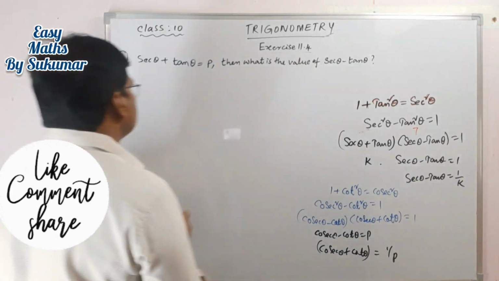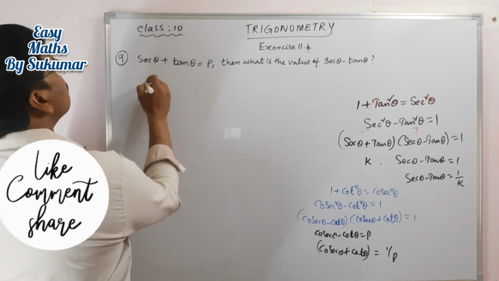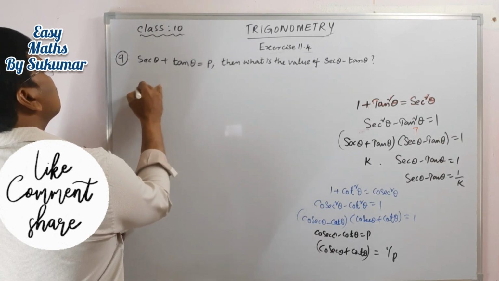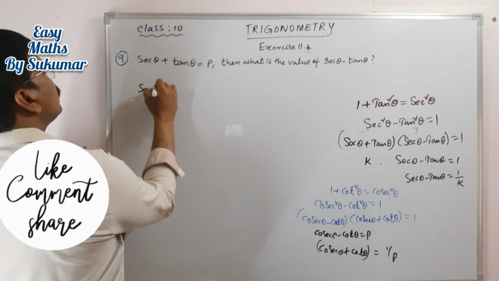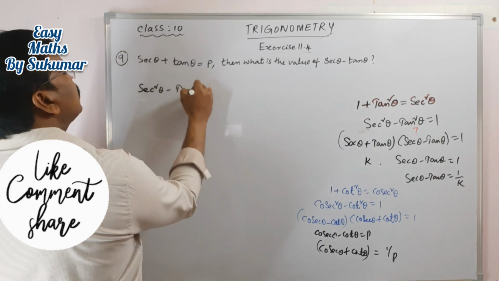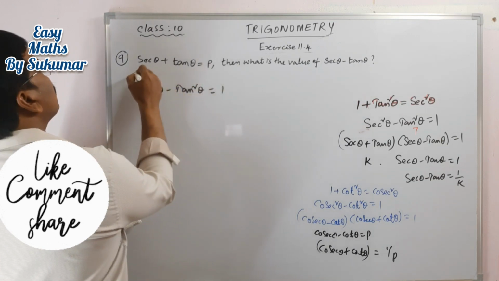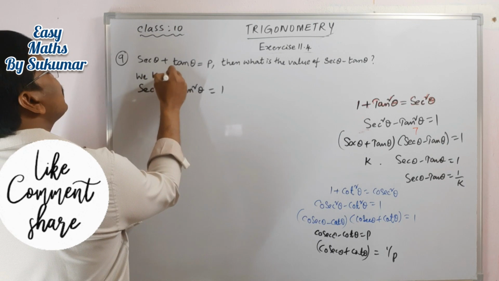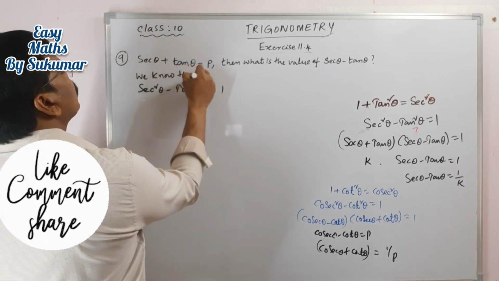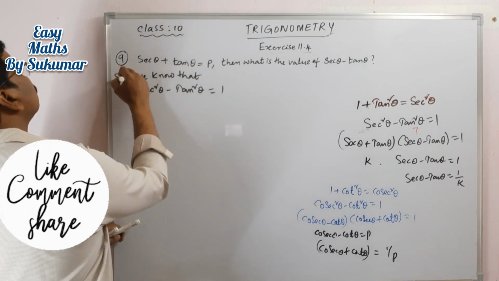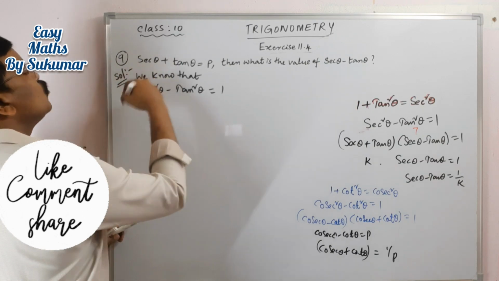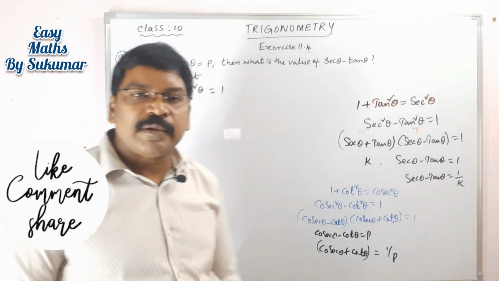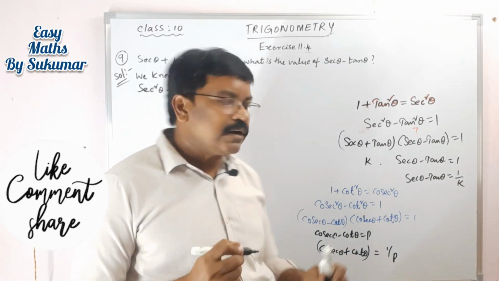Now coming to here, secant theta plus tan theta is p. Just take the identity: secant square theta minus tan square theta is equal to 1. We know that secant square theta minus tan square theta is equal to 1, right?